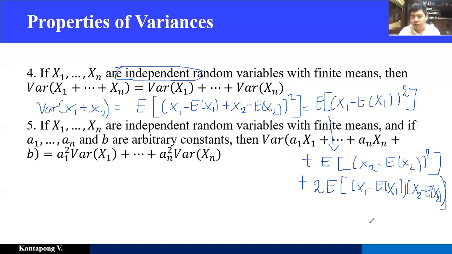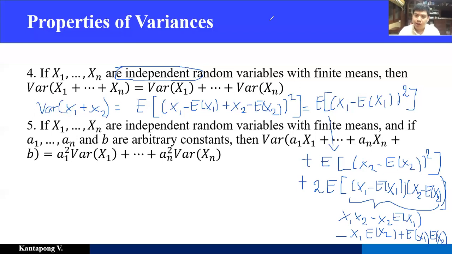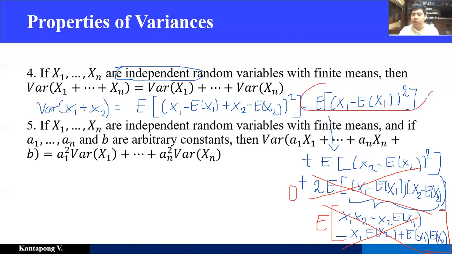That's where we are going to use the independence. For this cross term, it will be X1X2 minus X2EX1 minus X1EX2 plus EX1EX2. If we plug it into the expectation, this sum is going to be 0. So we remain with only these two terms, if they are independent.